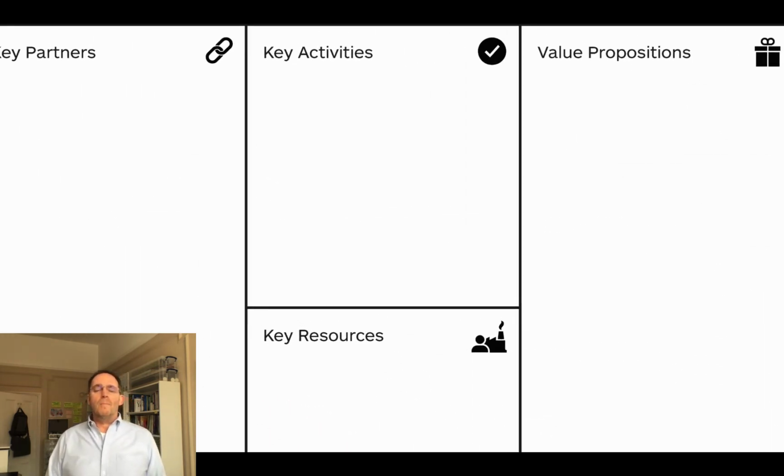Okay, we're moving from the offer side into the infrastructure. So this is what you have in place in your business model to deliver that value proposition to your customers. And the key one for you, and you think about this, is, well, what activities do we actually carry out? And the activities, if you're making things, it might be to do with production, that you're actually spending time in production.